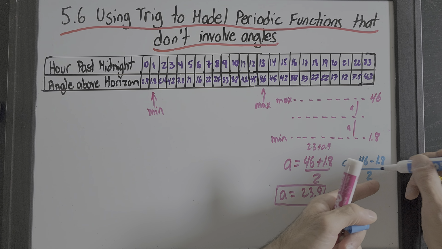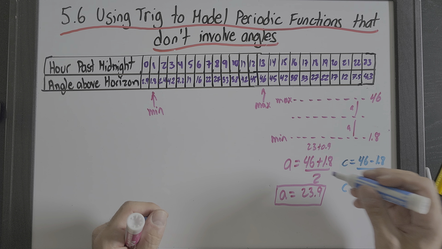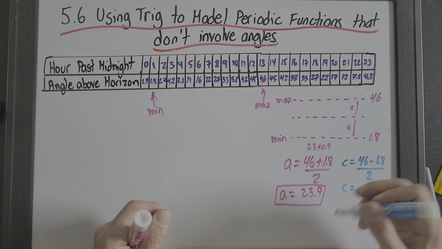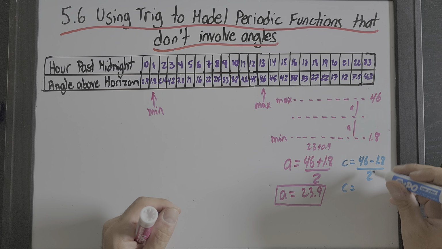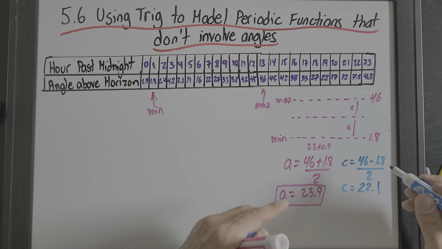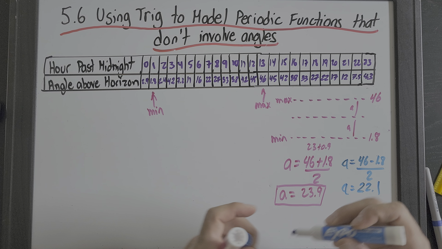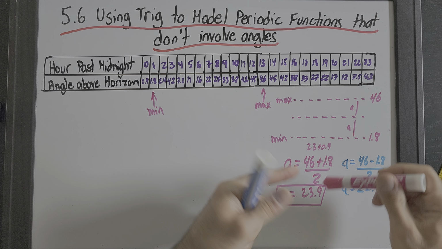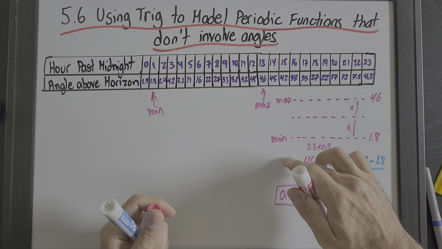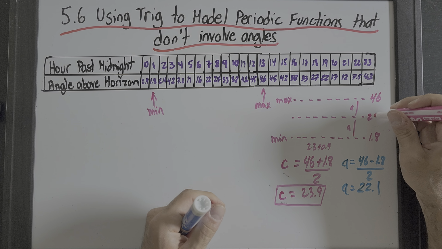Again, 23 minus 0.9. 23, sorry, this is the opposite actually. Oops, I'm gonna erase this. Let's just continue. That's gonna be 22.1. Sorry, half of the distance is your A value. So this is actually the A value. The midpoint, this is midpoint formula with addition, is the C value. So this is 23.9.